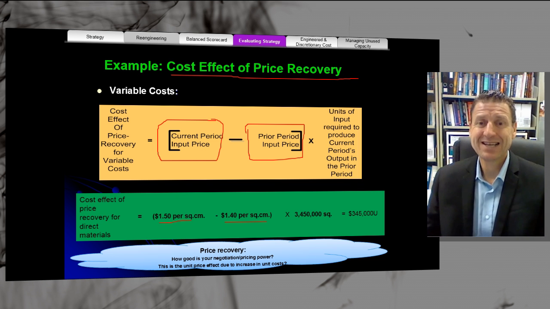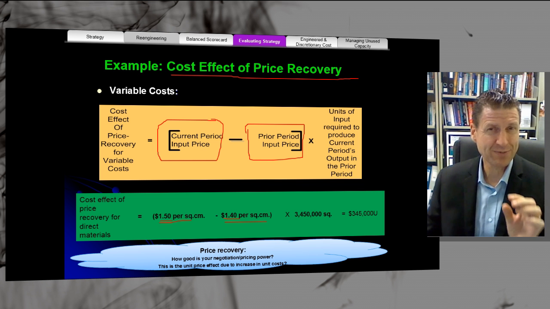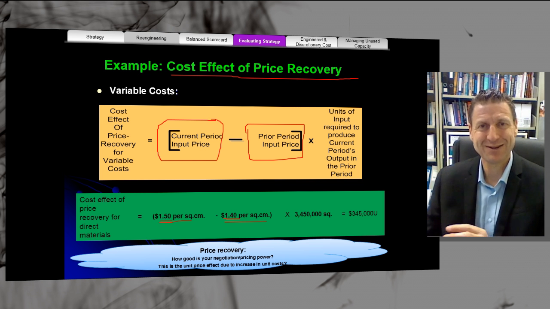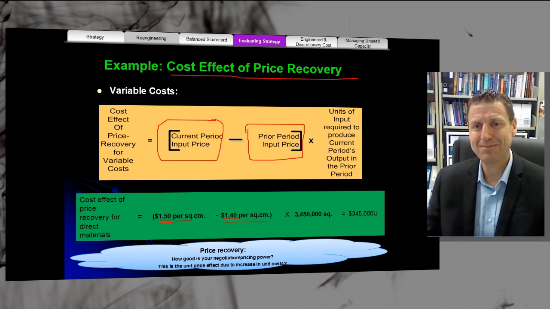So if we take that difference, we know it's going to be favorable or unfavorable. Well, the current period you're paying $1.50, the prior period you're paying $1.40. So immediately you know it's going to be unfavorable. Your negotiation skills were not up to standard compared to the prior period. There may be other reasons, of course, but this is the signal that is given to top management.